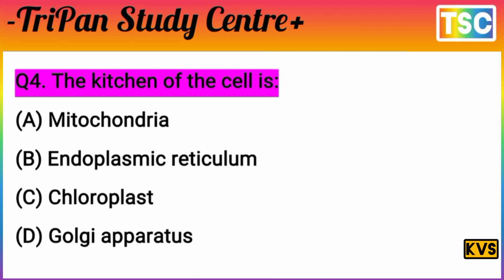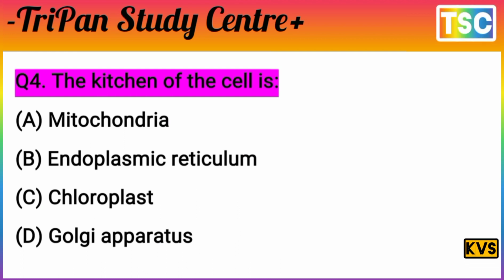But one point here: chloroplast has a green pigment called chlorophyll, and it is involved in the photosynthesis of food. So it is also known as the kitchen of the cell. It means option C is correct.